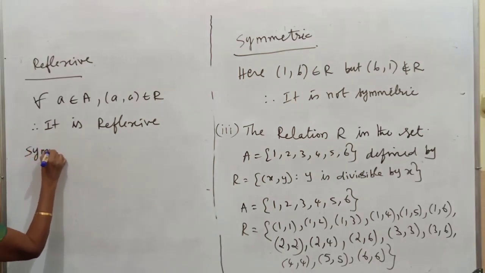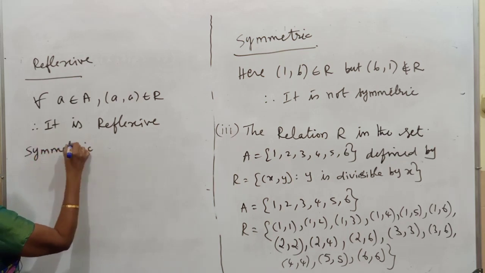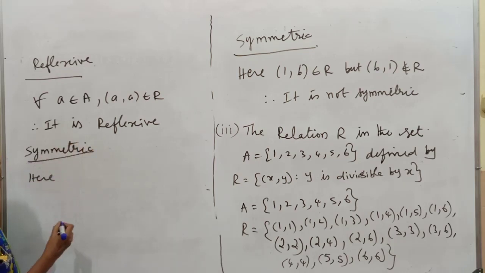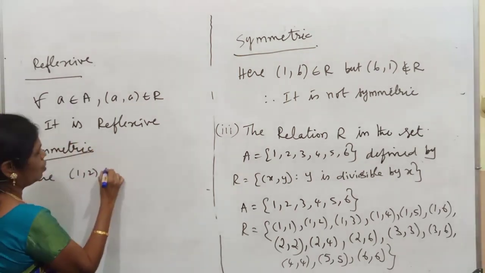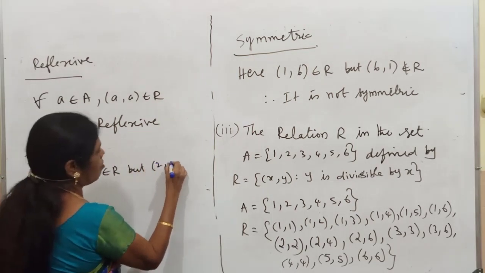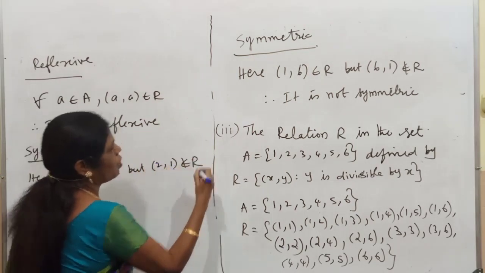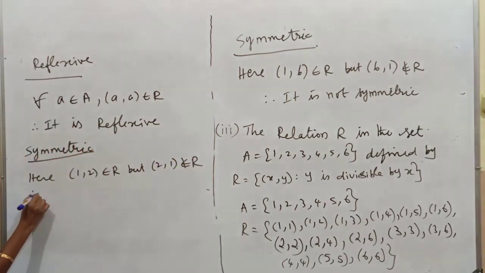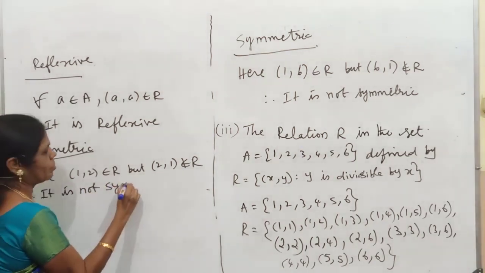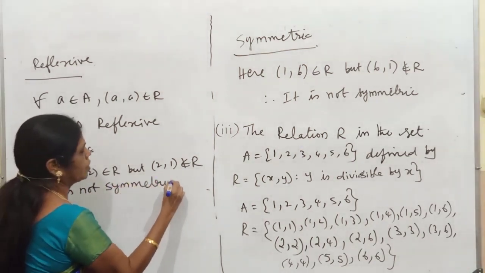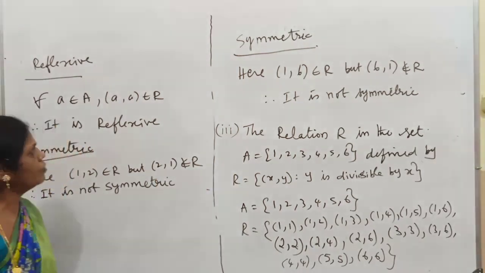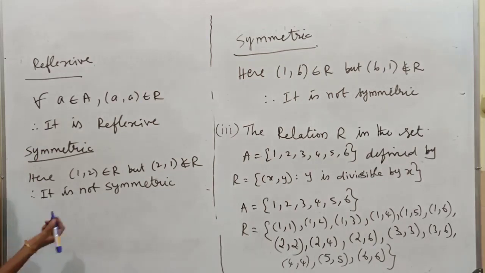Symmetric: you can say that here (1,2) belongs to R, but (2,1) does not belong to R. Therefore, it is not symmetric. So now the next one, we are going for transitive.